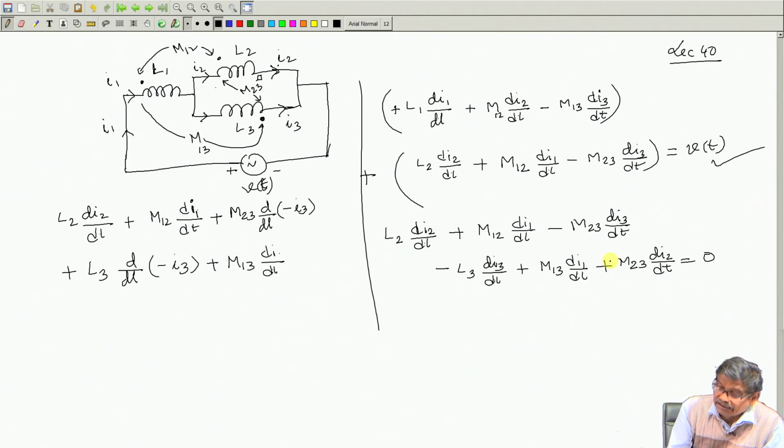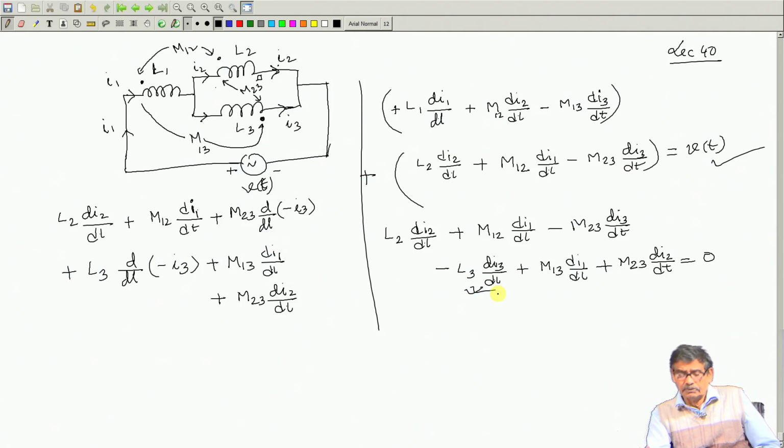So, plus M13 dI1 dt, dot entering dot here, and finally, this 2 through the dot entering. So, right hand side will be M23 dI2 dt. This negative sign is this negative sign. Anyway, we will be able to write down the KVL equation correctly, provided I know the dot conventions.